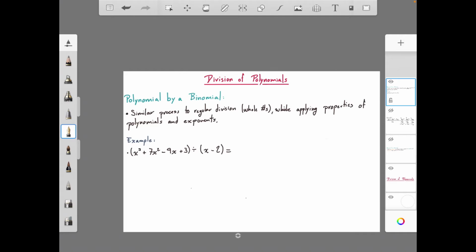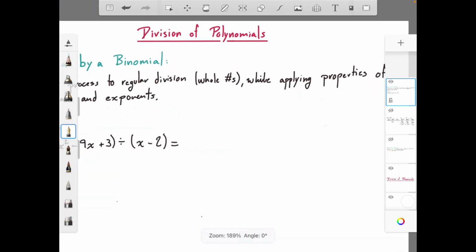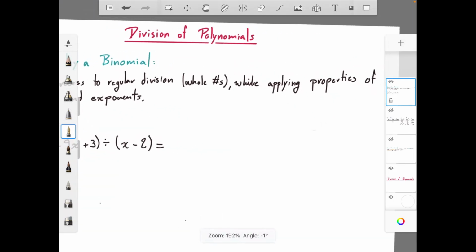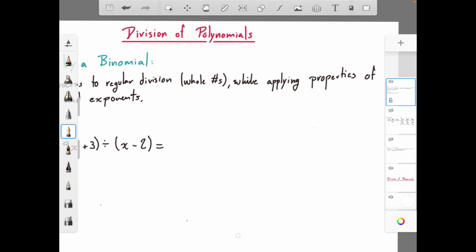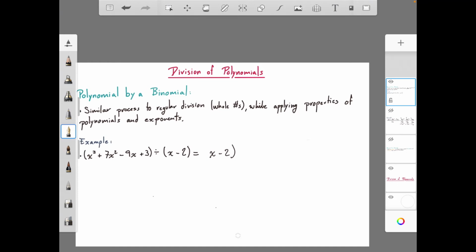So the first step is to organize it as we would solve a division of whole numbers. So we say x minus 2, all of that, into x to the third plus 7x squared minus 9x plus 3.